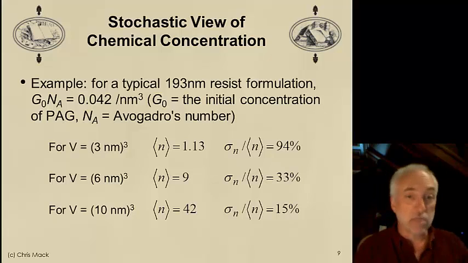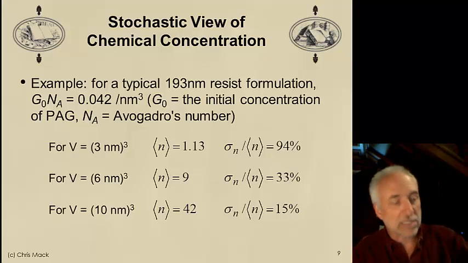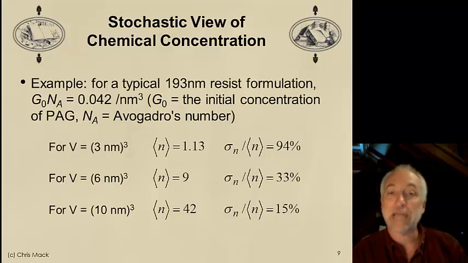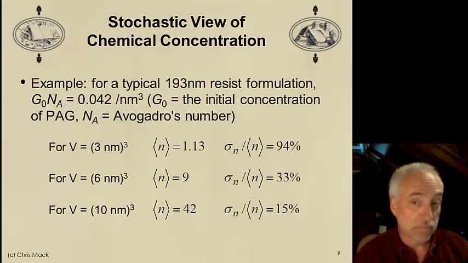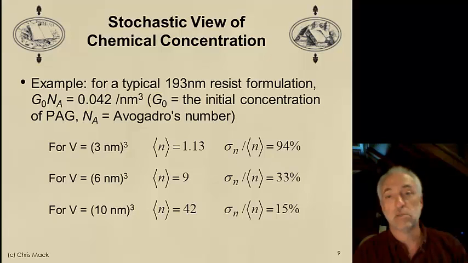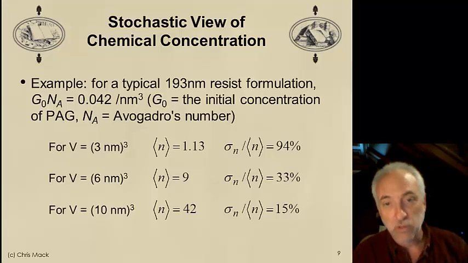If I make my volume bigger, say 6 nanometers by 6 nanometers by 6 nanometers cube, I find that there are on average 9 PAG molecules within that volume. But there's a relative uncertainty of 33%. So one standard deviation is a third of that. So that's 9 plus or minus 3.